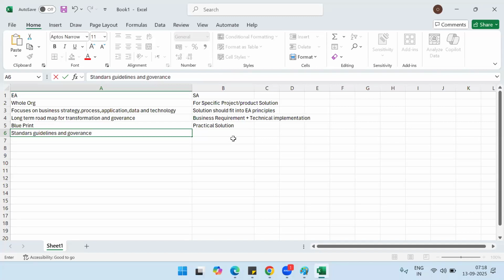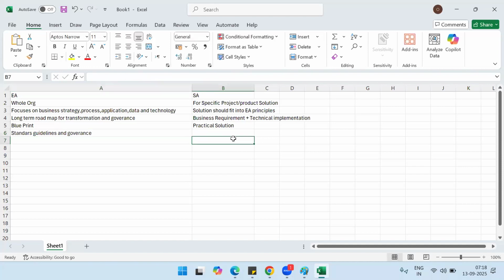Right. So the technology standards will be defined by the enterprise architect, but the technology is decided by the solution architect. Pattern, design pattern, integration. Okay.